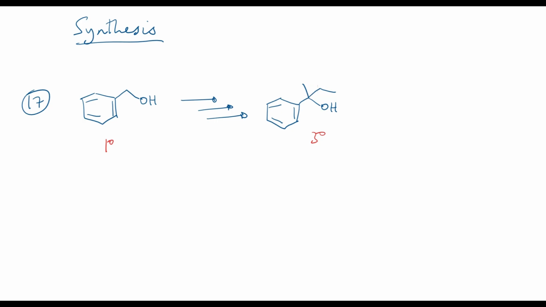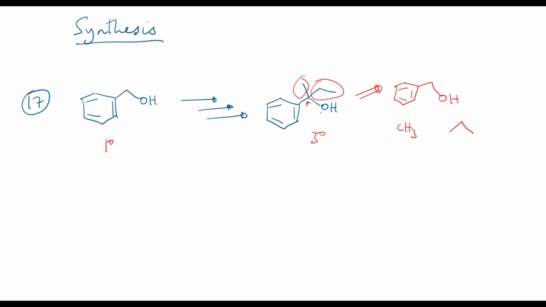So applying retrosynthesis, I will need to split this molecule into simpler components. And the simpler components will be this. And then we have two alkyl groups, a methyl group and an ethyl group. We know that to attach alkyl groups to a carbon that is bonded to an oxygen atom, generally we need to use Grignard reagent.